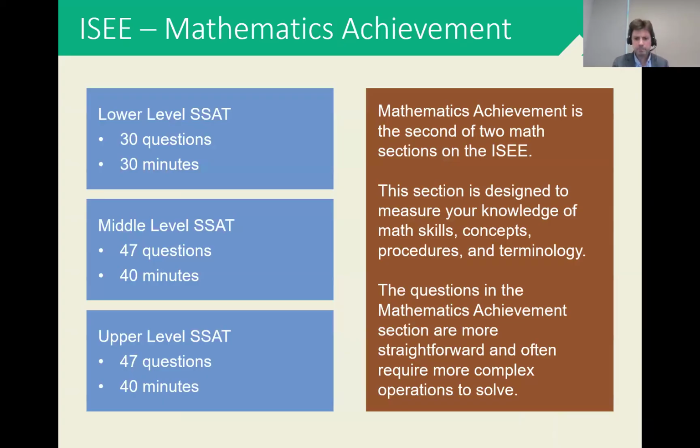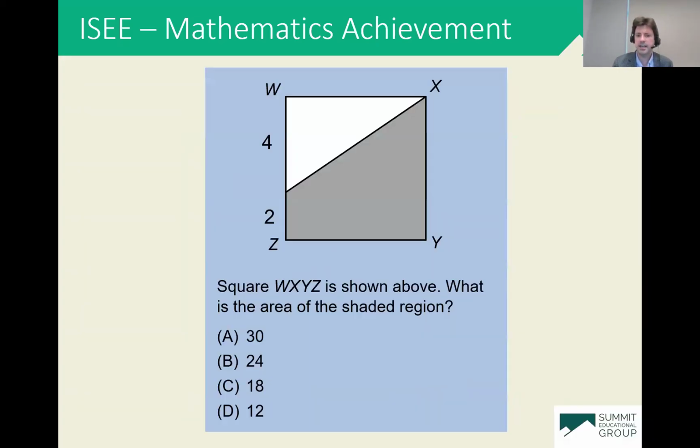Mathematics achievement is a little bit more straightforward, a little bit more in line with the kind of questions they'll see in school. But again, it is testing students' critical thinking and problem-solving skills. So they might see a question like this: what's the area of the shaded region? Students will look at this and be like, I have no idea, how on earth do I find the shaded region of that?